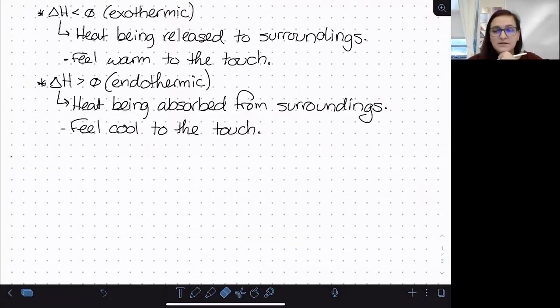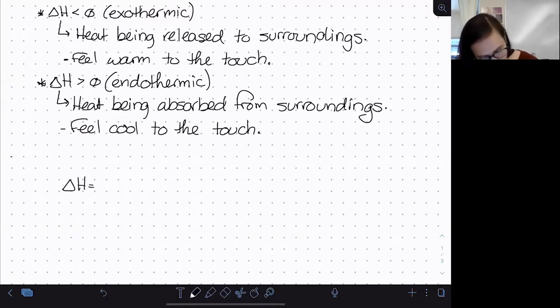So mathematically speaking, delta H is just equal to the amount of heat transferred by a chemical reaction divided by the amount of stuff that reacted. So delta H is most commonly expressed as heat per mole.